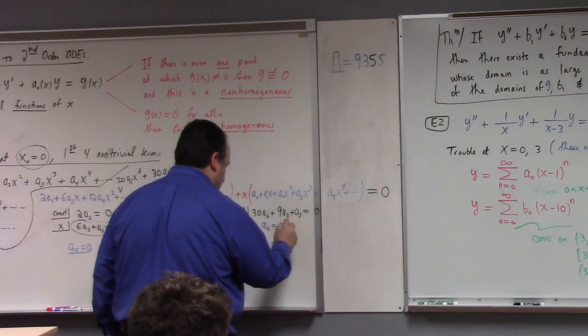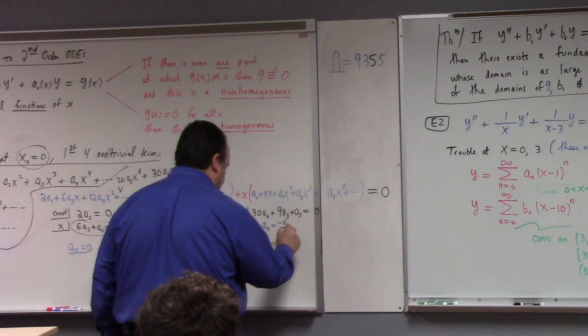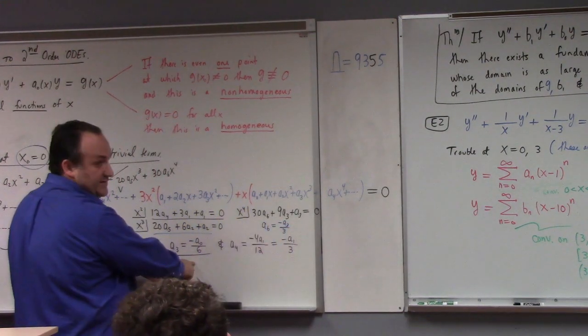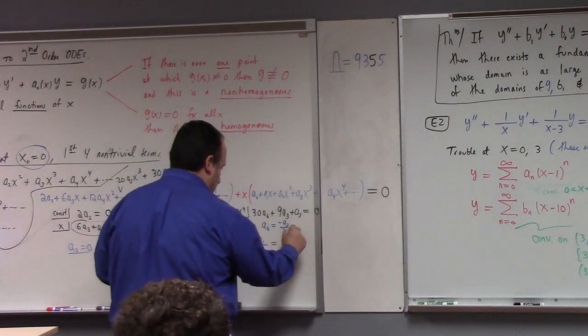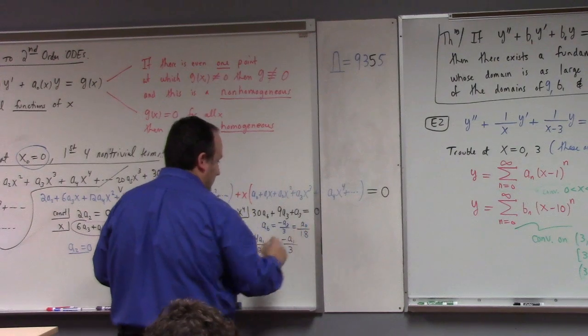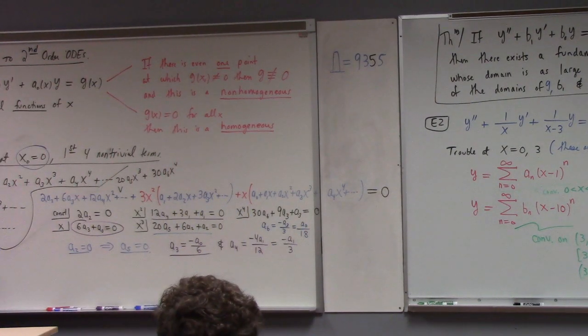A6 equals what? Negative a3 over 3. But what was a3? A0 over 6, right? So this is actually equal to a0 over 18, right?